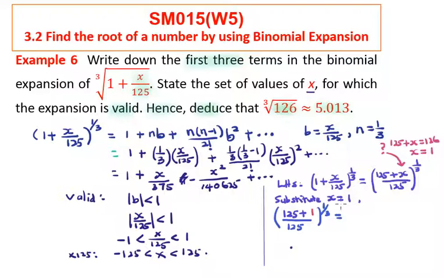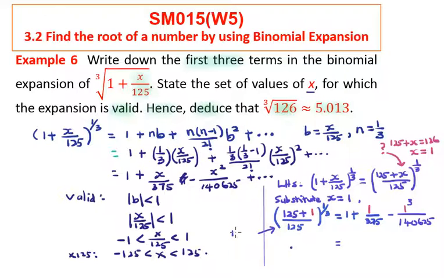For the right-hand side, substitute x as 1: 1 plus 1 over 375, then minus, substituting x as 1, 1 over 140625.